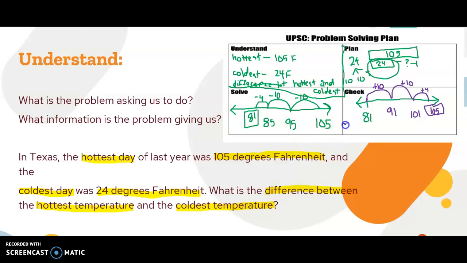And so the difference between the hottest temperature and coldest temperature in Texas last year was 81 degrees Fahrenheit.